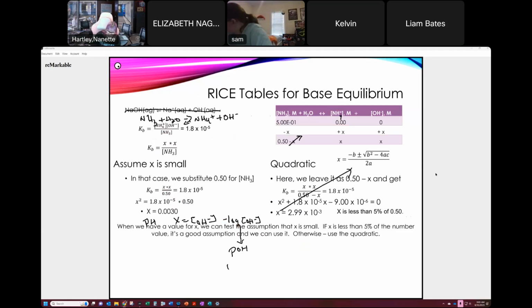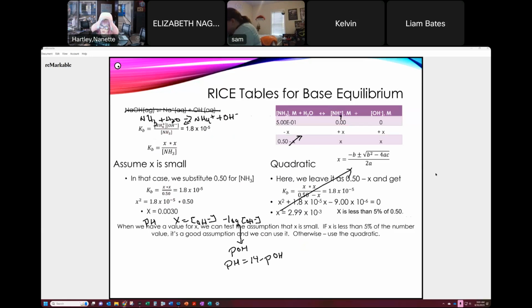There's one more step if you want that pH. You've got to do the pH is equal to 14 minus the POH. This is something that you'll see: when we ask about the bases, we often ask for pH as well to see if you remember that what you've solved for is that OH minus, and therefore you need that other step in that equation to get to pH. Okay?